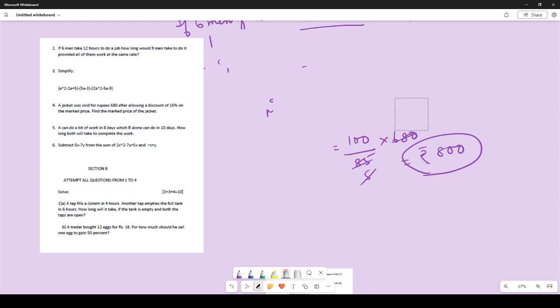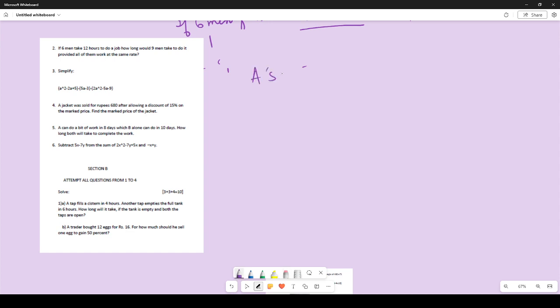Let us move on to the next question, where it says A can do a piece of work in 8 days, whereas B does it in 10 days. So when they are working alone, A's work rate is equal to 1 by 8 and B's work rate is equal to 1 by 10.